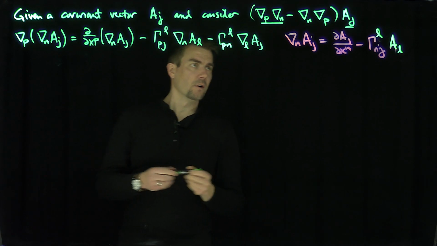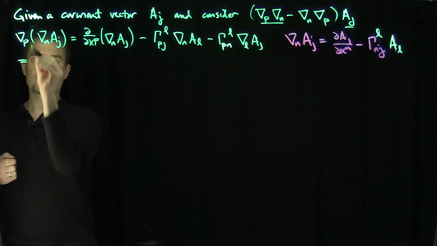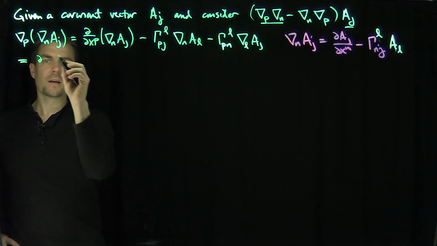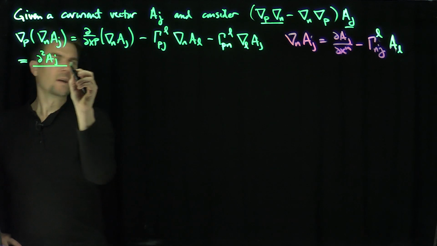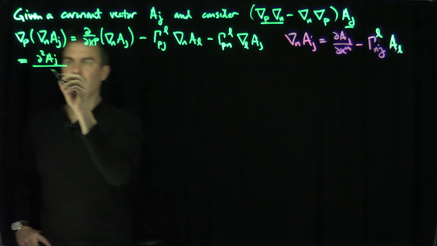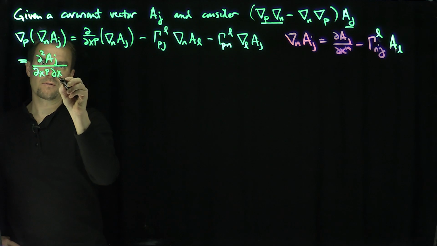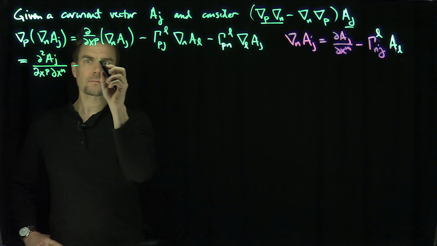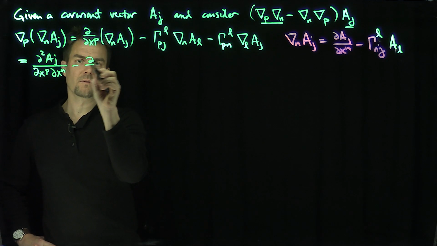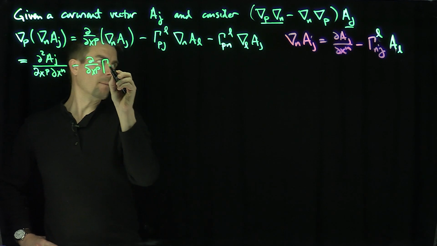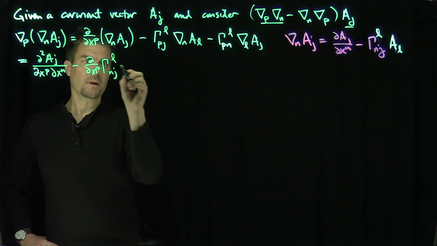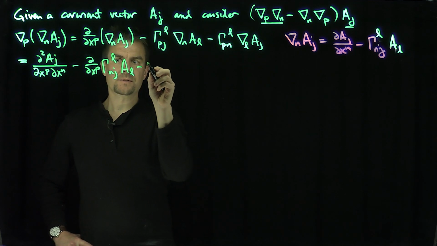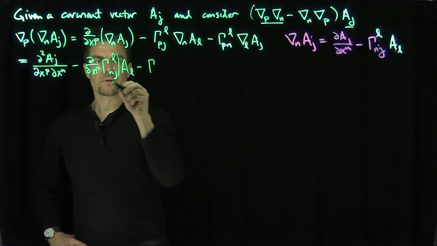So now I'm going to do the derivative of this thing over here, right? So one more intermediate step, this expression over here is equal to the x^P derivative of this thing over here. So that's going to be two terms. It's going to be d squared A_J, and then I have an x^P derivative of an x^N derivative. That's the first term. I do the product rule over here, then I have a minus the P derivative of gamma^L_NJ, and that's hit with A_L. And then a minus gamma, of course the derivative over there, right?